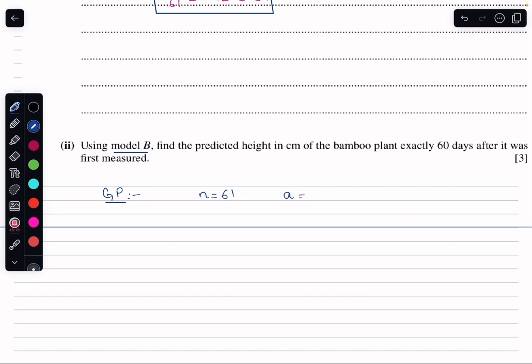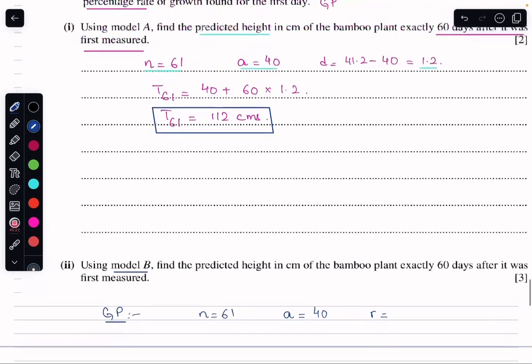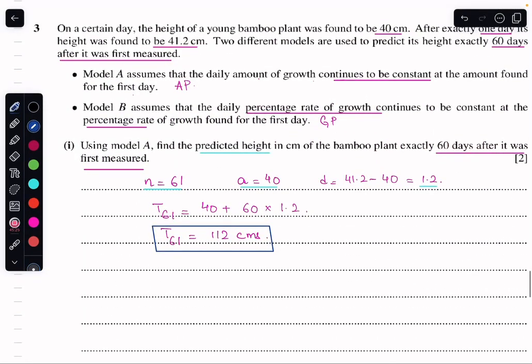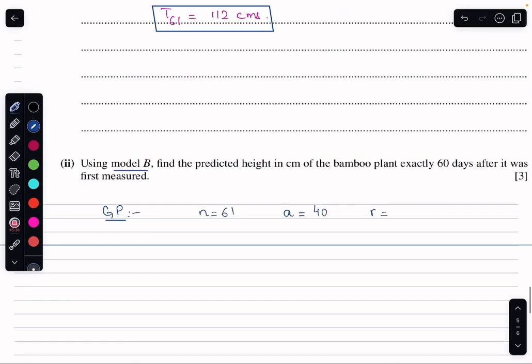A is obviously 40, and r, as discussed earlier, is T2 by T1. First day it was 40, second day it was 41.2. So I can get the common ratio by saying it has to be 41.2 divided by 40, which is 1.03.